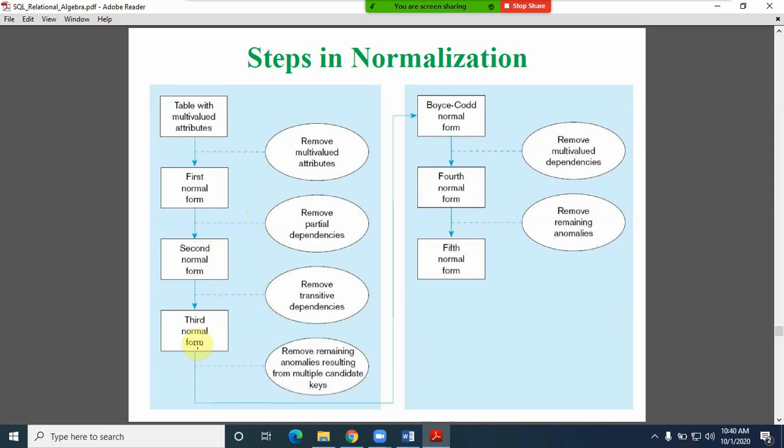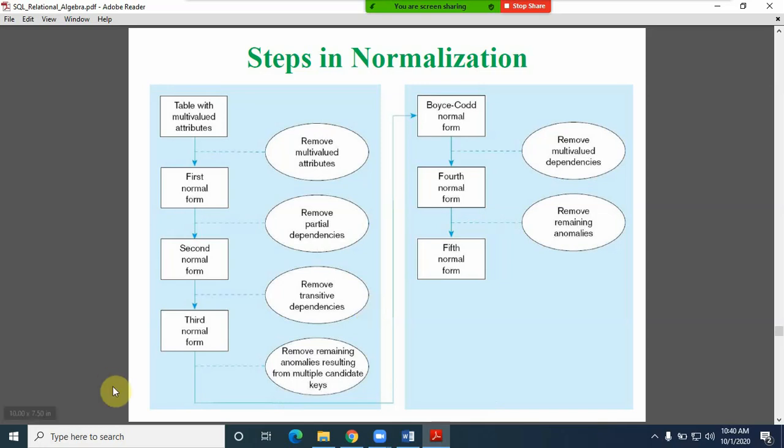To achieve the third normal form, we should remove the transitive dependency. We have already seen the transitive property: A functionally determines B, B functionally determines C, and so A functionally determines C, which is what you call the transitive dependency. Such dependencies should be avoided to achieve the third normal form.